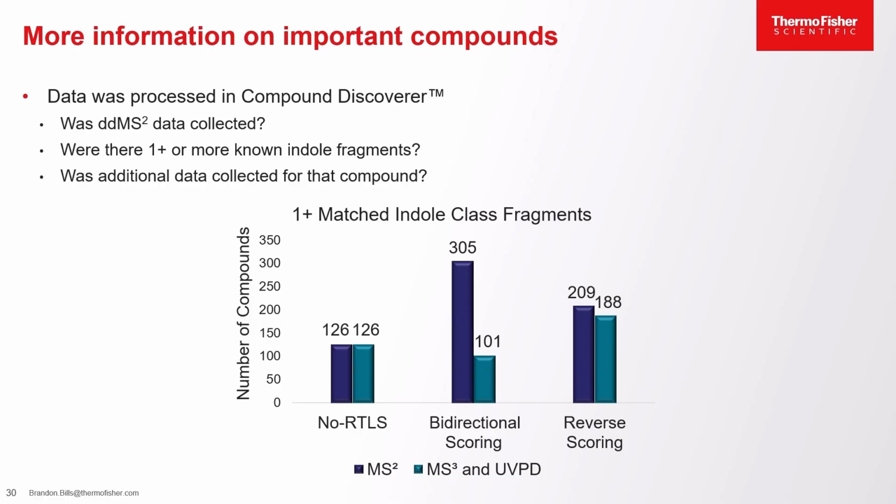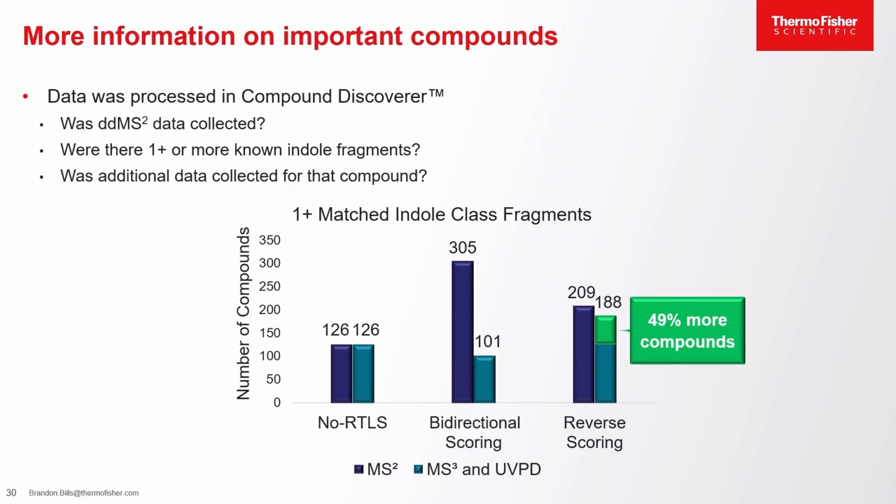But if we look at reverse scoring, we find 49% more compounds than no real-time library search, just because we are telling the instrument only collect that additional data when the compound is interesting to our study. So in the end, reverse scoring for this experiment made our results a lot more relevant based on what we wanted to know about this sample.